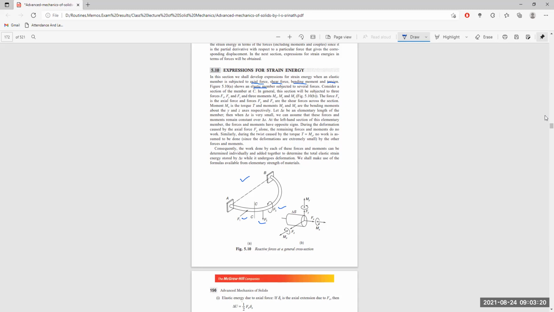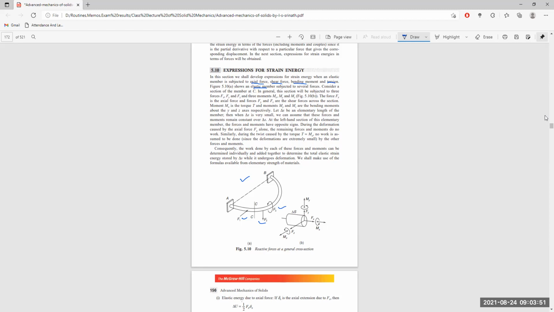There is a 3-dimensional coordinate system, X, Y, and Z, where My is the moment vector acting along the Y direction, Mx is the moment vector acting around the X direction, and Mz is the moment vector acting along the Z direction. The force vectors Fx, Fy, and Fz are acting along the X, Y, and Z directions respectively.